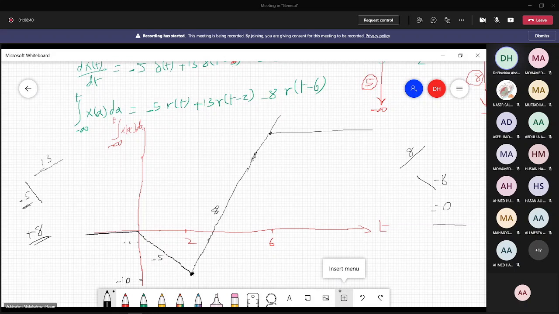Okay, what is this value? Does anyone know?